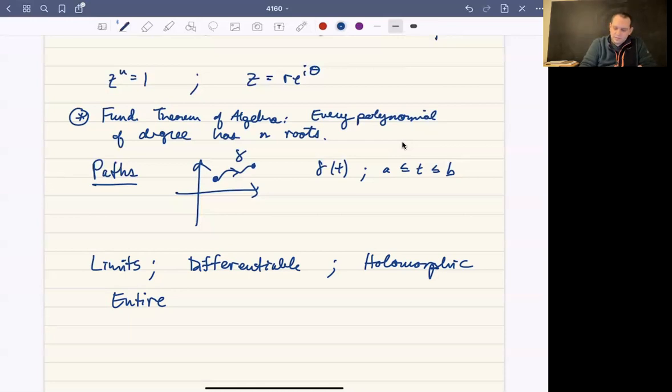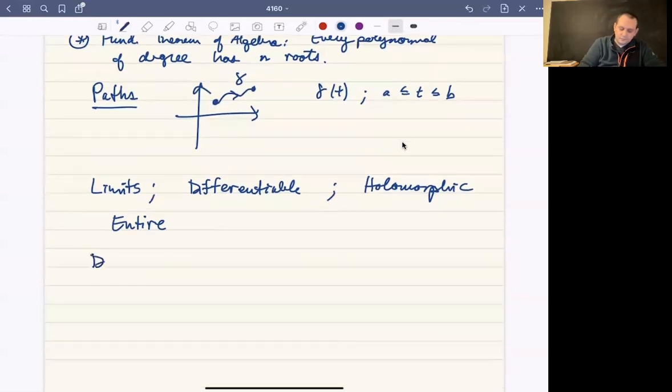So most of the nice functions are going to be holomorphic on their domain, and if the domain's all the complex numbers, then it'll be entire. We also saw that any function that's differentiable at a point has to be continuous at that point. So differentiability implies continuity. So if a function's differentiable at a point, then it's also going to be continuous at that same point, and we proved that.